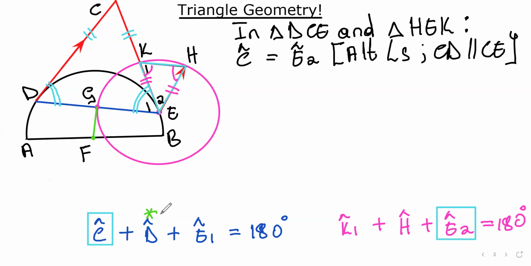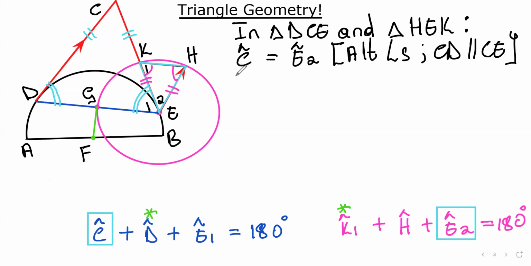Maybe express angle D in terms of C, and maybe come here and express angle H in terms of C, or even angle K1 in terms of C, so that we can explicitly see that these angles are equal to each other. That's what I'm trying to say. But the question is, how do we do that? That's easy.